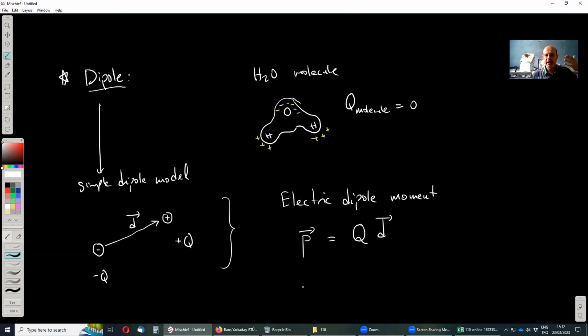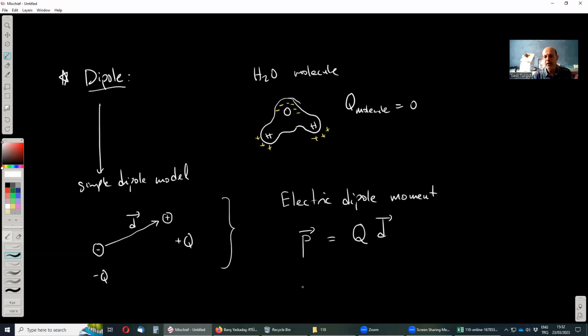A dipole produces an electric field outside, and this electric field is proportional to the dipole moment. And if I place a dipole inside an external electric field, this external electric field applies forces and torques on the dipole, and those also depend on the dipole moment.